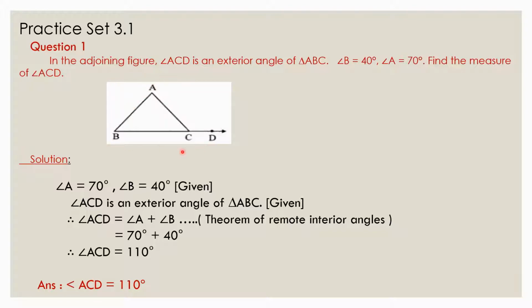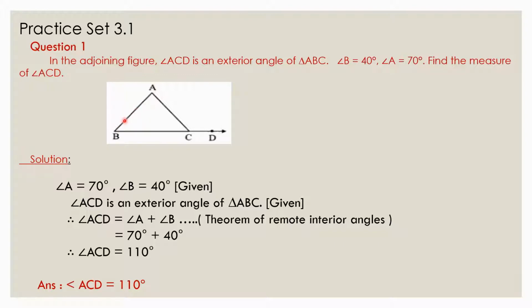First you have to write angle A is equal to 70 degrees and angle B is equal to 40 degrees. That is given. And in this figure, angle ACD is an exterior angle and angle A and angle B are remote interior angles.